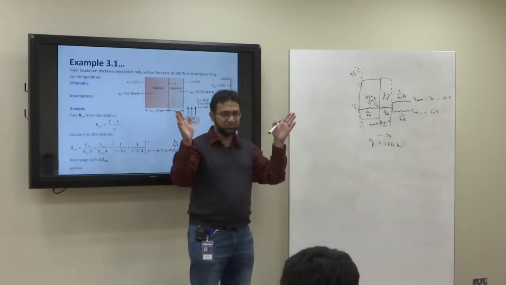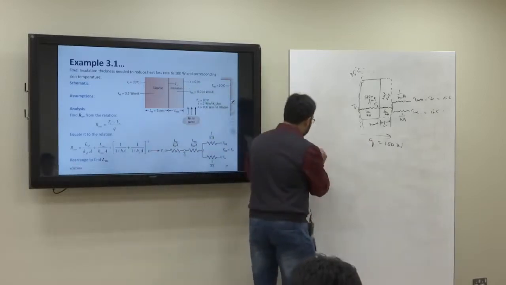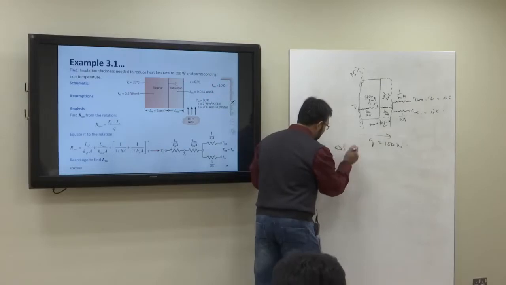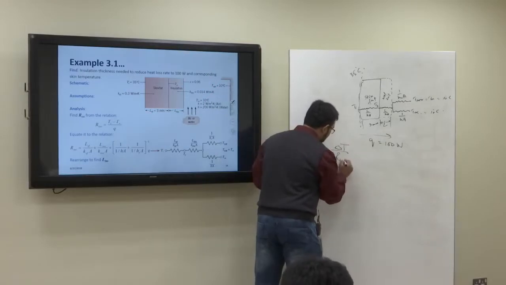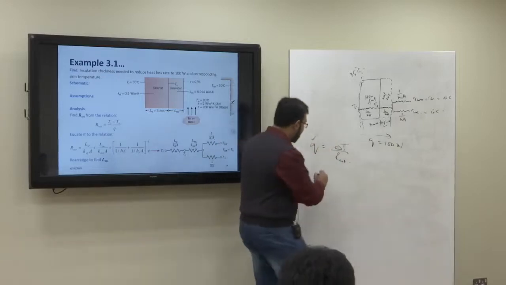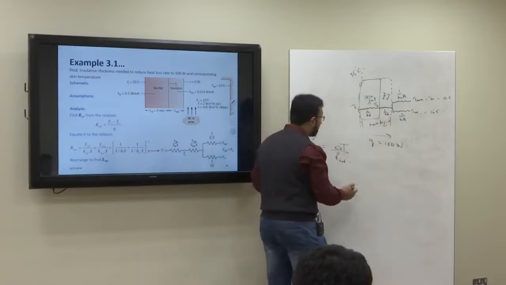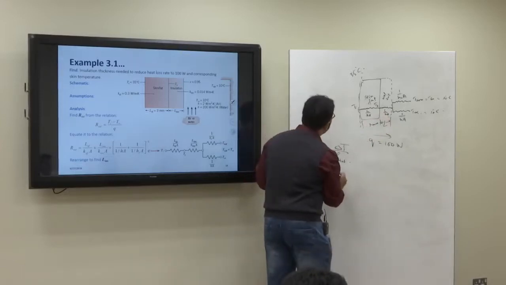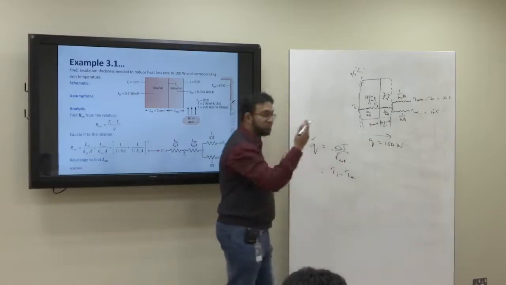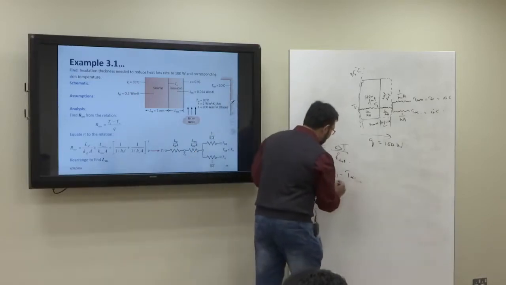So let's leave the in-between ones and use the ones for which we know the temperature. Q is equal to delta T upon R total. Q is known. Let's take delta T from inner to outer, so it's Ti minus T infinity or T surrounding.